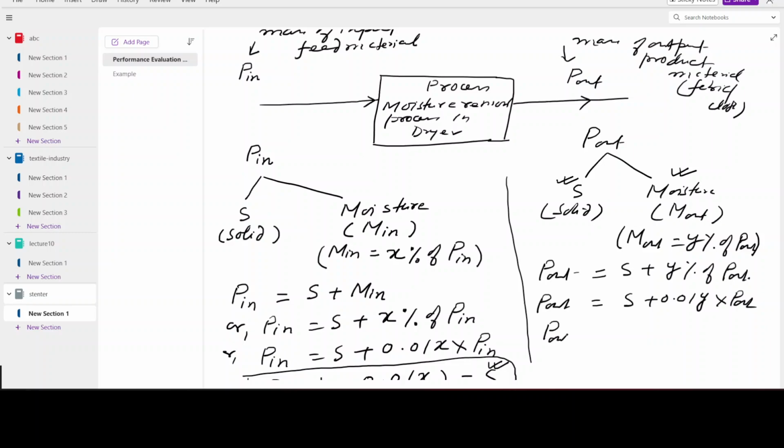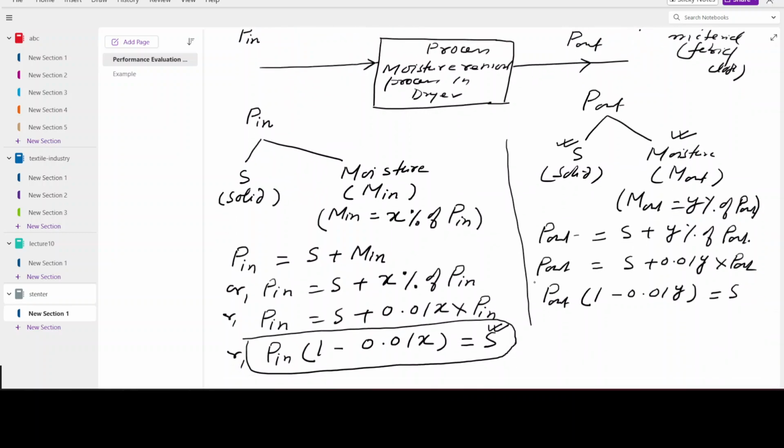Rearranging, P out (1 minus 0.01 Y) is equal to S. This is again a very important relation for us.